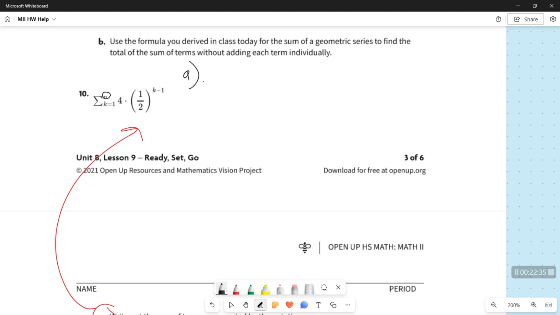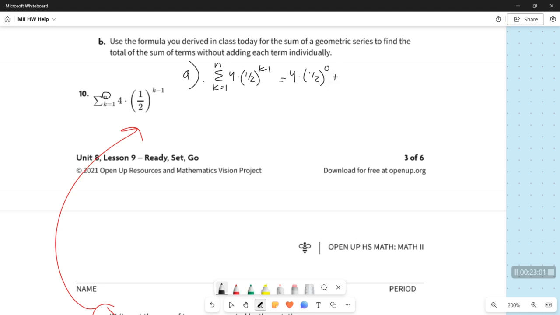Okay. So our sum from k equals 1 to n of 4 times (1/2)^(k minus 1). We start with a k value of 1. That's what our sigma notation tells us. So 4 times 1/2, we plug in a 1. 1 minus 1 is 0.